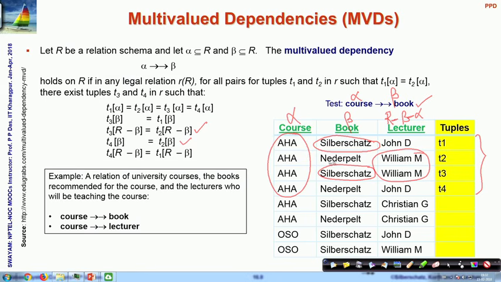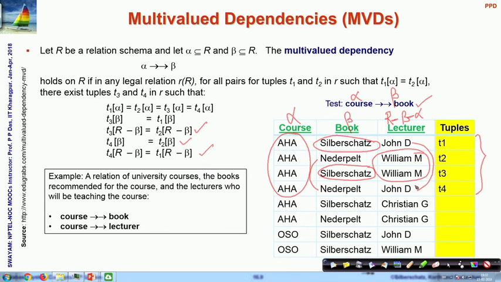Yes, they have the same name of the book, and whether T4 and T1 match on the lecturer, this rule, T4 and T1 match on the lecturer. So, it also satisfies. So, I can say that this relation holds the multi-valued dependency course multi-determining book.